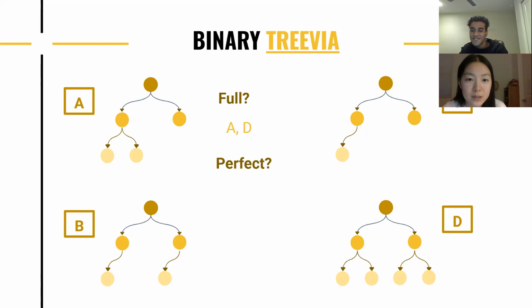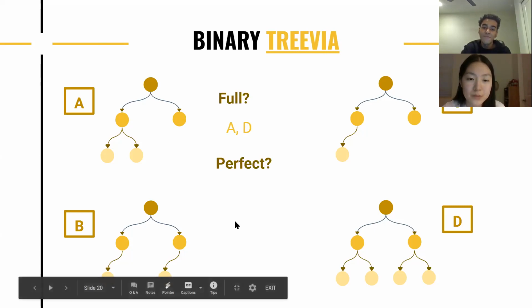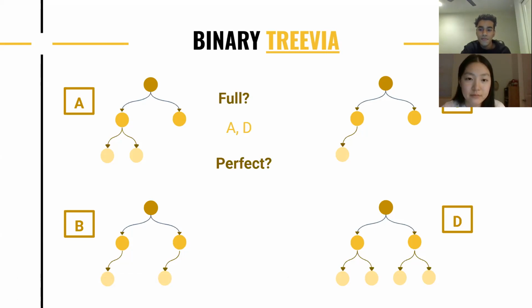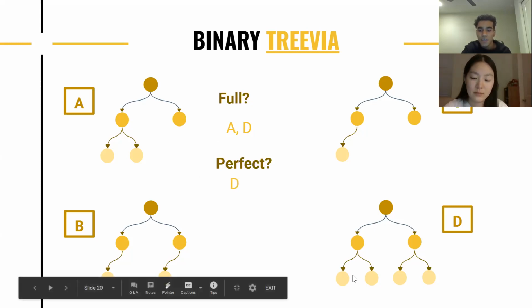Now which are perfect? Great. D is actually a perfect tree because the bottom row is completely filled out. All of the leaf nodes terminate at the exact same place, and this entire level is full. And degenerate, we actually don't have any.